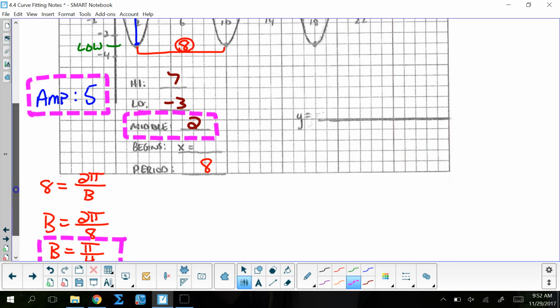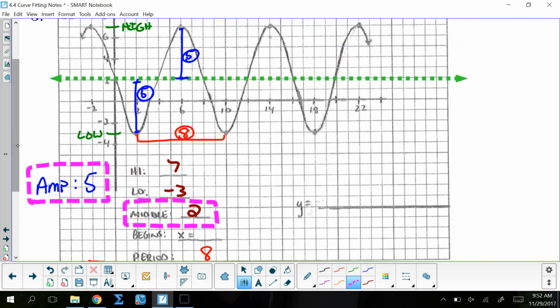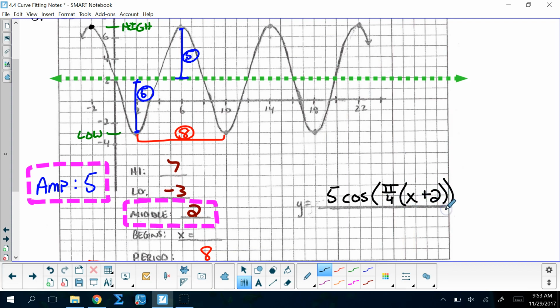Okay. So now it's just a matter of where you want to start. So if I start here, that's going to be y equals 5 cosine of pi over 4 times x minus negative 2, plus 2.